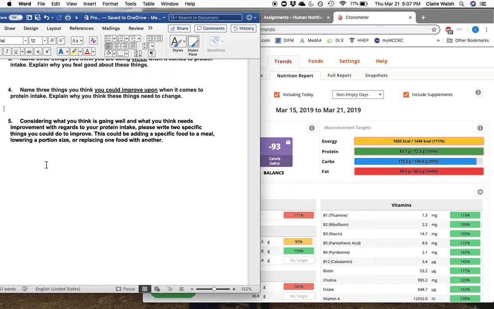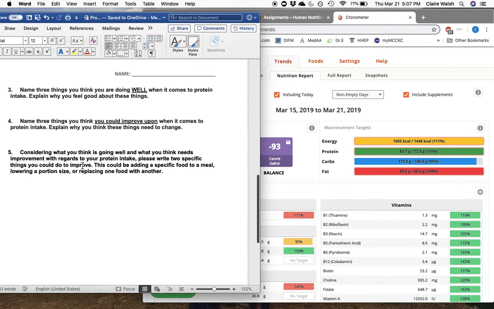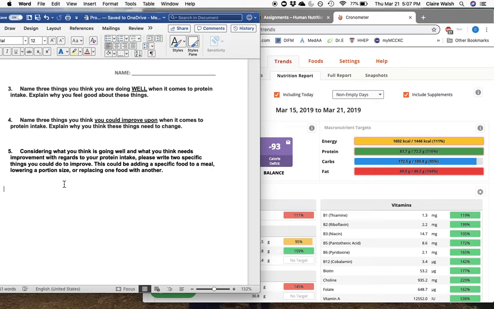Something like that. This last question is asking you to make 2 really specific goals. For me, since I'm concerned about fish, I could write that I will put some smoked salmon on my egg in the morning, or I will have salmon burgers once a week.